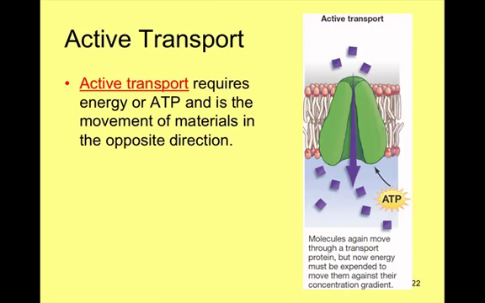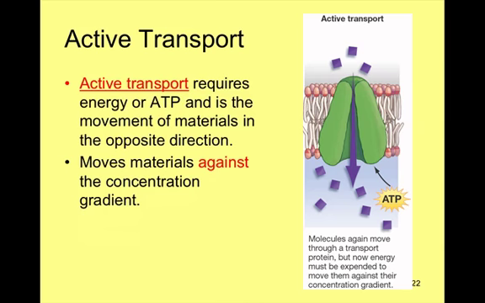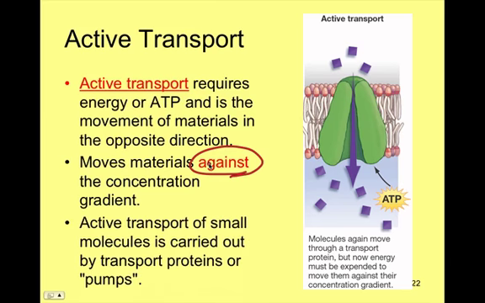So once again, in active transport, they are moving things against the concentration gradient, in the opposite direction. Active transport of small molecules is carried out by transport proteins, or it's actually pumped from one side to the other.